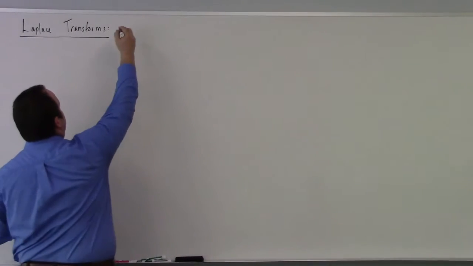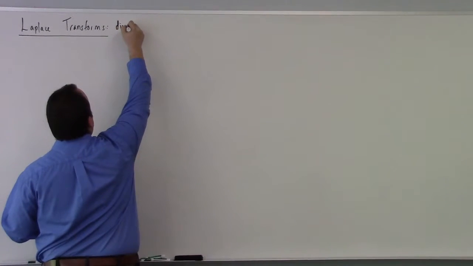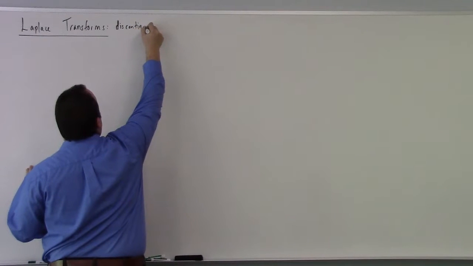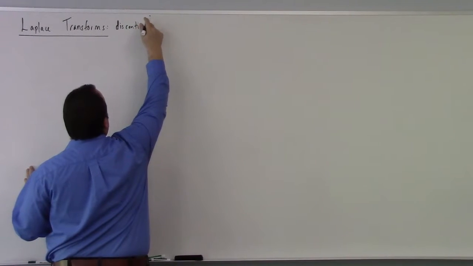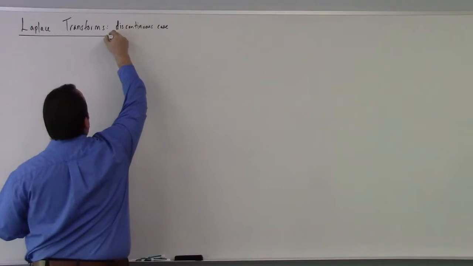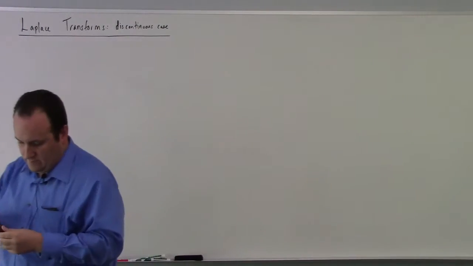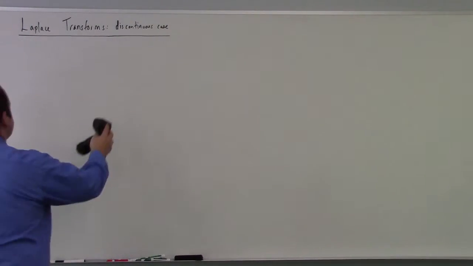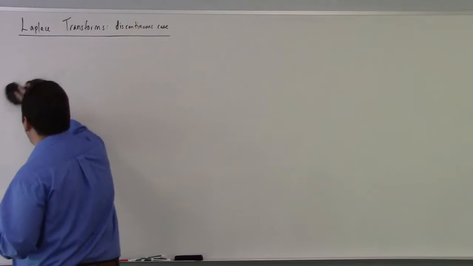So today we're going to look at discontinuous functions. Before I get even to Laplace transforms, I just want to show you some useful tricks. What's our notation at the moment for expressing piecewise defined functions?